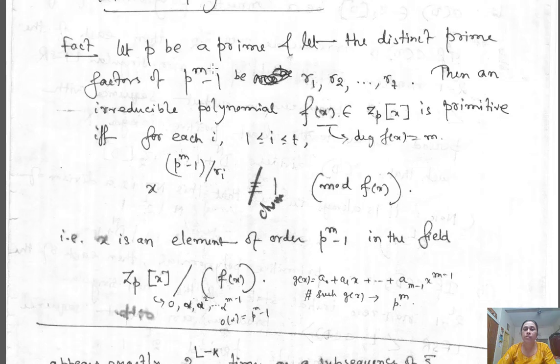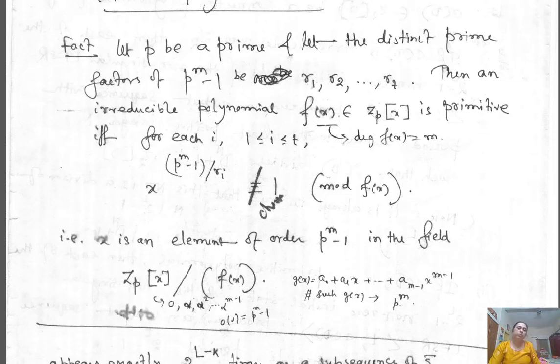So it means that the order of x is p^m - 1.